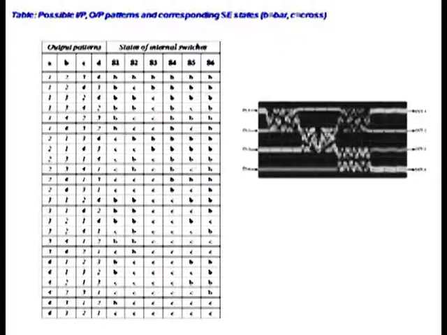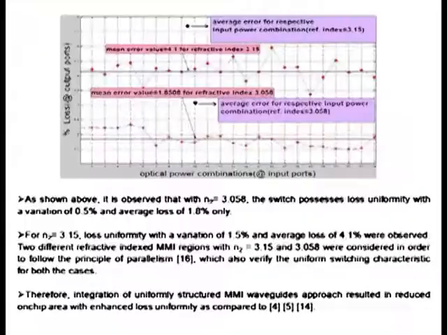You can see how many input output patterns a 4 cross 4 will have: factorial 4, around 24. All the 4 inputs, if they are connected with all the 4 outputs, they will have around 24 input output connections, and we calculated the losses for all these 24 connections and proved that they have almost similar losses. That means this design has absolute loss uniformity. These are the results which show how much the losses for all these 24 are varying.